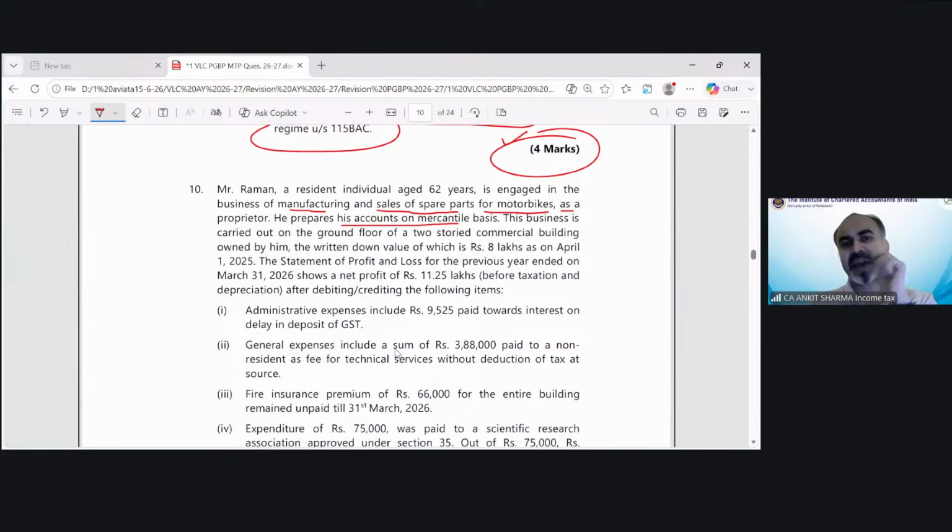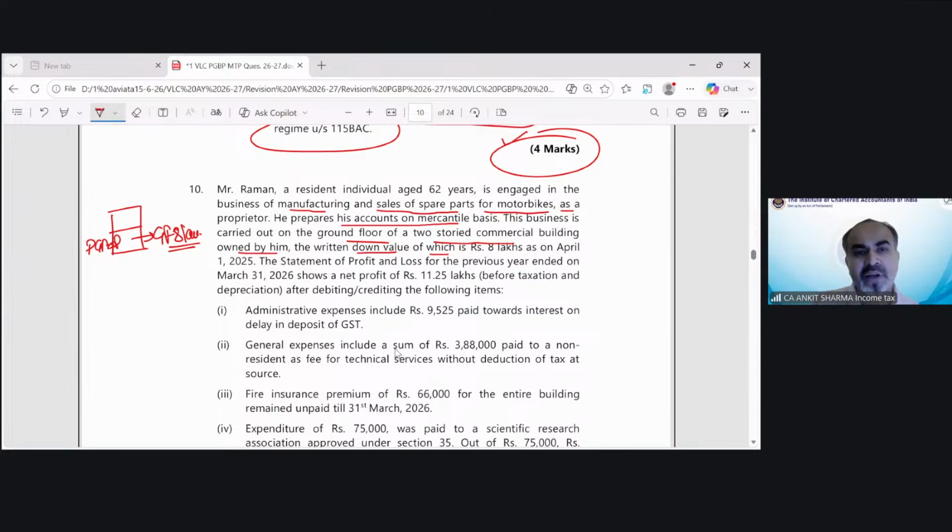This business is carried out on the ground floor of a two-storied commercial building. A very interesting question is there. Owned by him. You can see a two-story building and the business is running on the ground floor. The WDV of the ground floor, in which the business is running, has been given as 8 lakh. Clear?